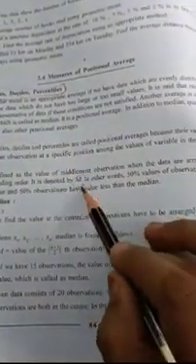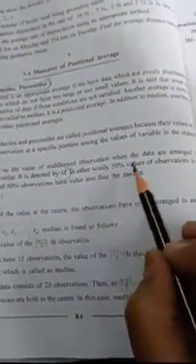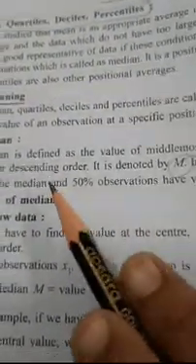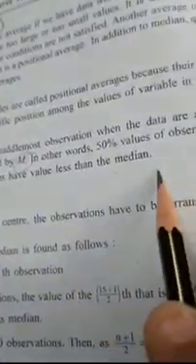It is denoted by capital M. In other words, 50% of the observations are above the median, and 50% of the observations have values less than the median.